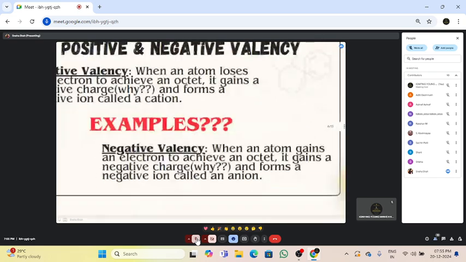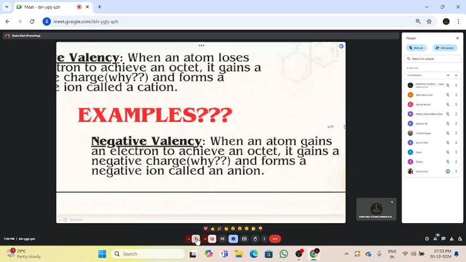Now, negative valency is similar to positive valency, but when an atom gains an electron, the same concept applies. Here in chlorine, there are 17 electrons and 17 protons. But now, after gaining that one extra electron, it has 18 electrons and 17 protons. So the negative charge is more, and chlorine becomes negatively charged.